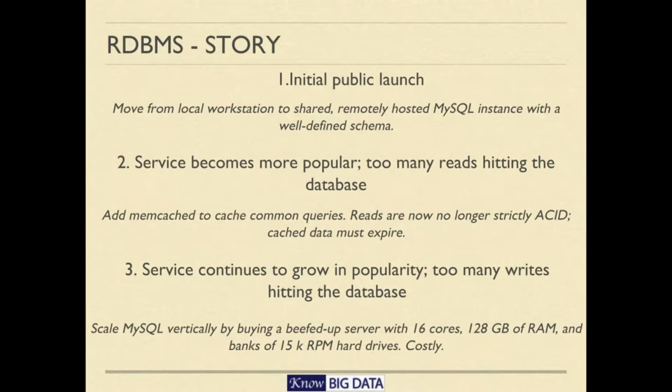Now there are 200 GB RAM servers as well available, and banks of 15,000 RPM hard drives, and so on. A usual hard drive is generally 5400 RPM, but on the server grade you have hard drives up to 15,000 RPM. So you put the costliest hardware in your database server because that's all you can do right now.